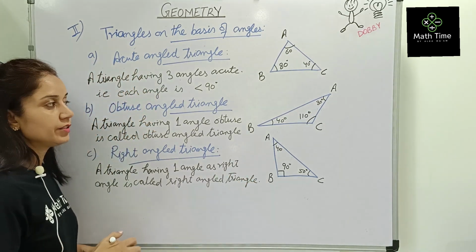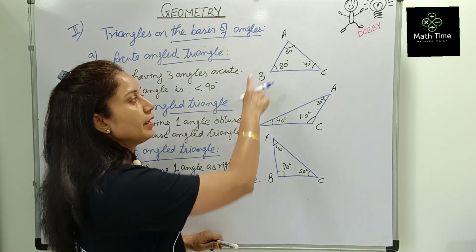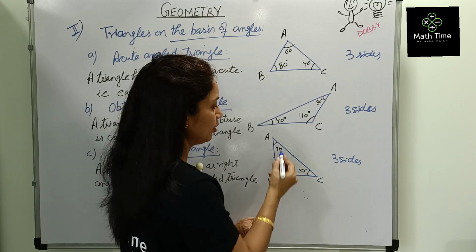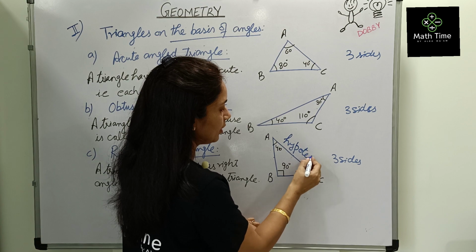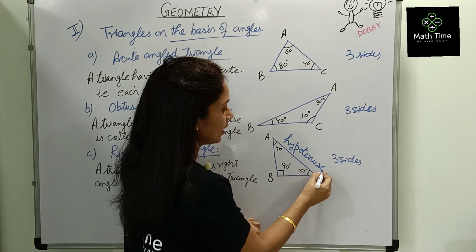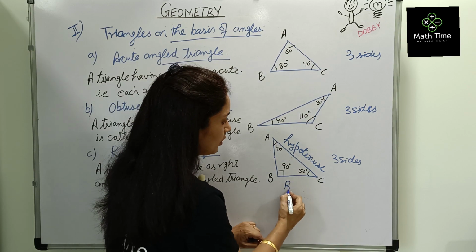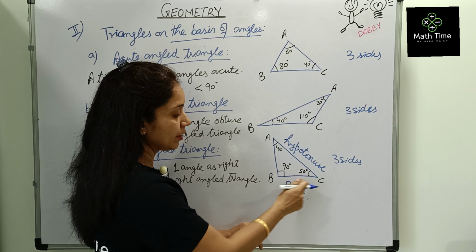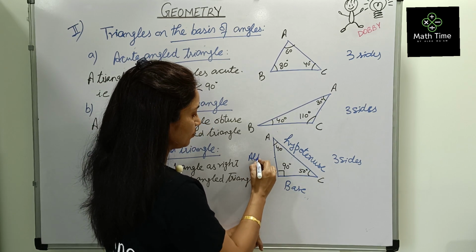Here in a right angle triangle, you need to know some of the other aspects also. Here, the slant side AC is called hypotenuse. And the bottom line BC is called base. And the AB line, which is making a 90-degree angle at the base, is called altitude.